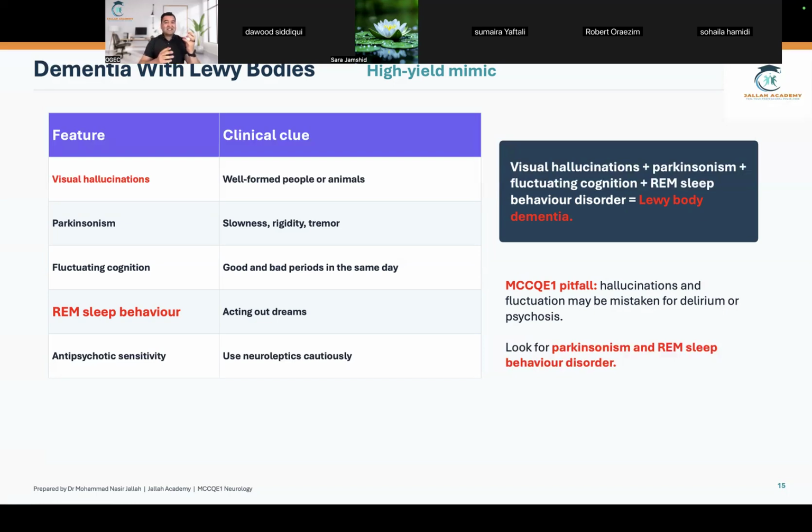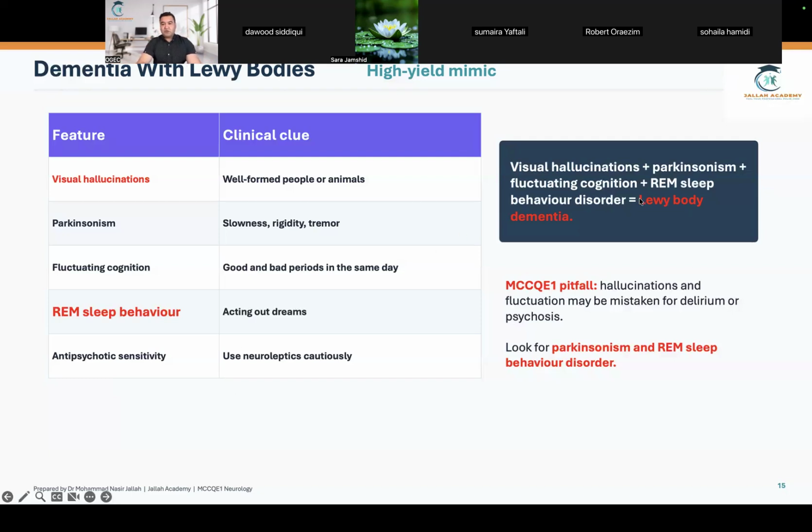So the patient has visual hallucination, right? You need to use some sort of antipsychotic, and he is very sensitive to it. And that makes it very easy to diagnose. So visual hallucination plus Parkinsonism plus dementia plus fluctuation of the condition and REM sleep behavior and sensitivity to antipsychotic. If you have it, this is the Lewy body.